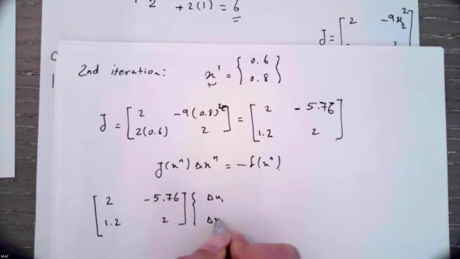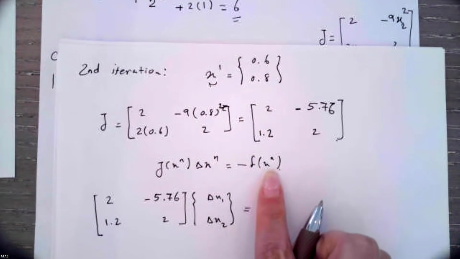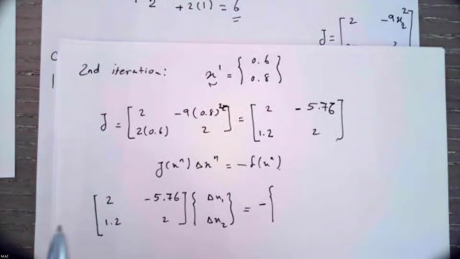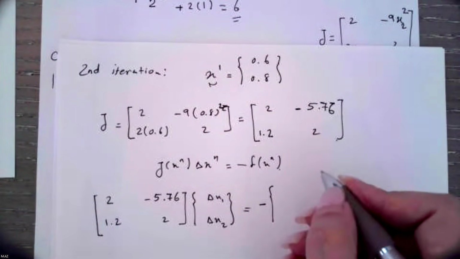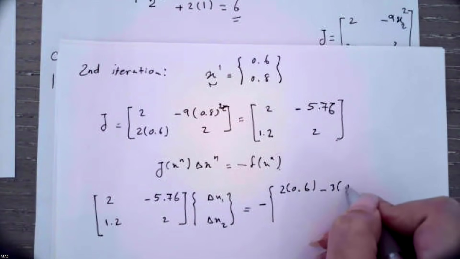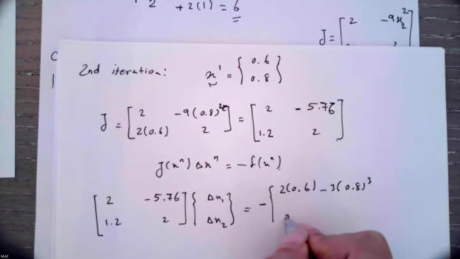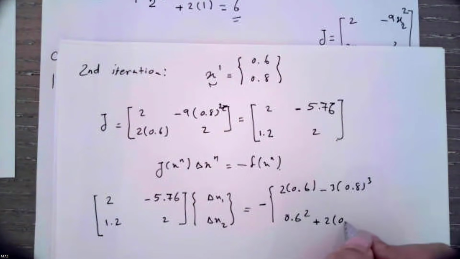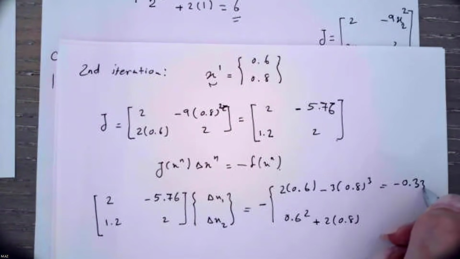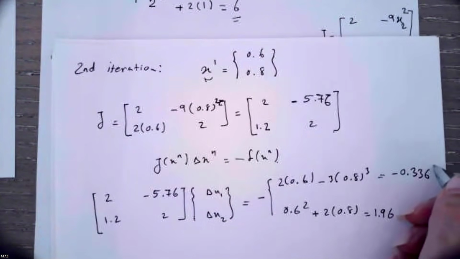Delta x1, delta x2, negative the value of the two functions at the vector of x for the first iteration.